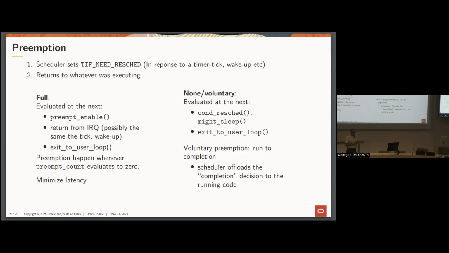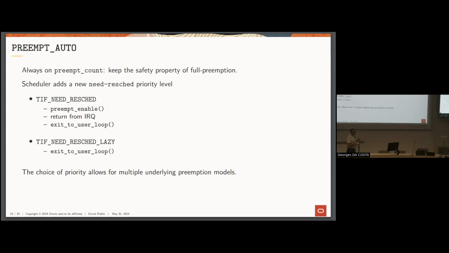So the scheduler has essentially offloaded the completion decision to the running code, and that sounds reasonably sane. So let's see if we can get the same thing with this new preemption model, preempt auto. What preempt auto does is keep the preempt count from the full preemption model, and then add a new preemption level.